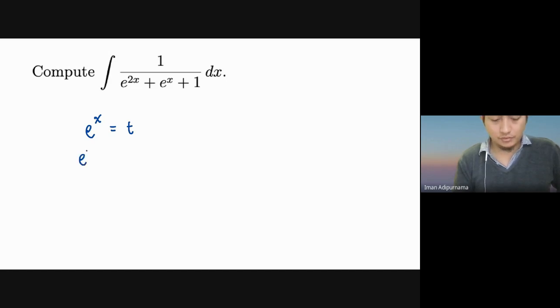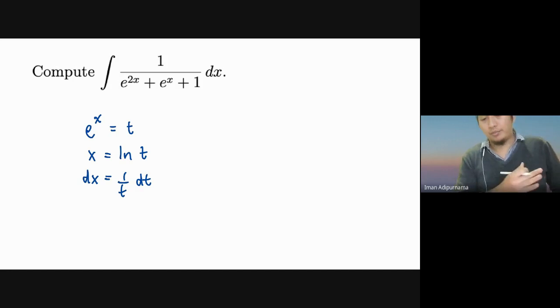If we try to find the derivative, or write x in terms of ln t, we are going to have dx is 1 over t dt.